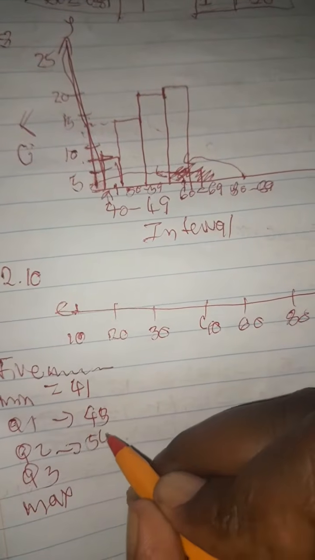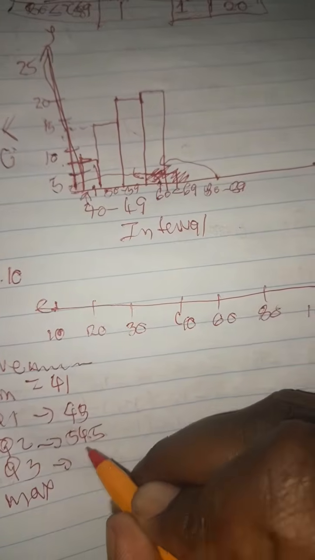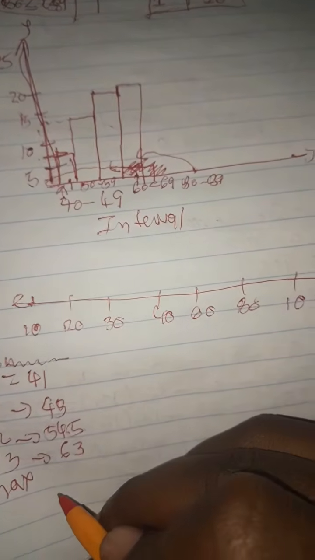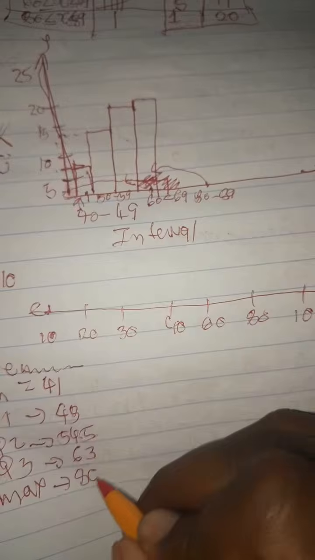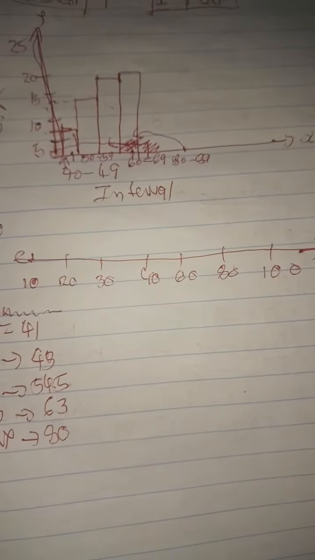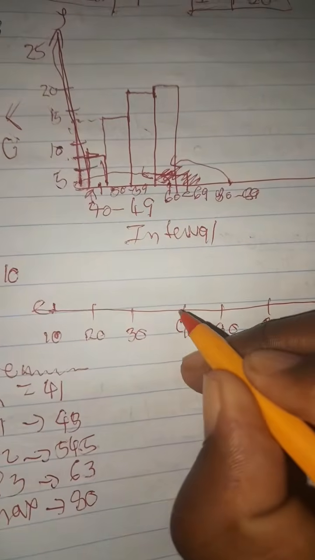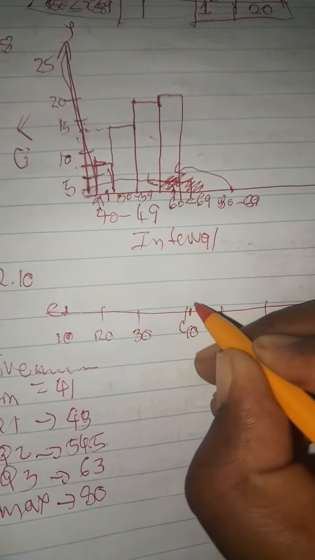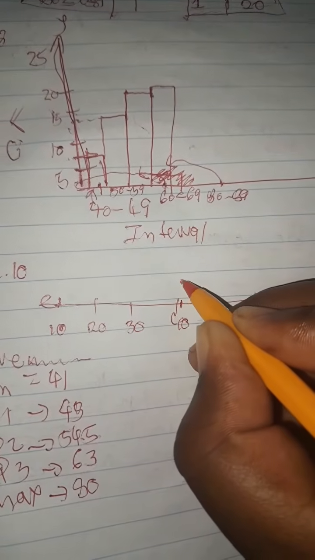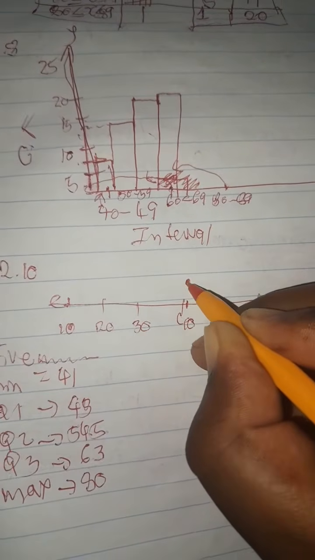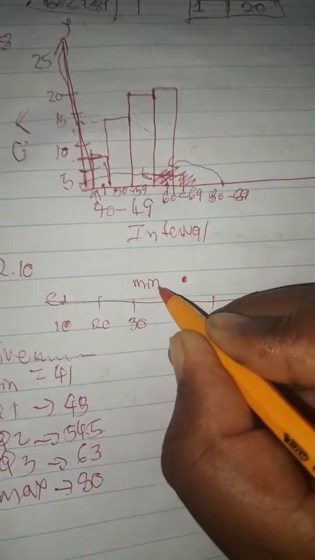Q2 was 54.5. Q3 was 63. And the highest number, the max value, is 80. Then we need to plug this graphically. Let's start with 41. 41 is somewhere here. So that will be our minimum. Put the dots there. So this is the min.